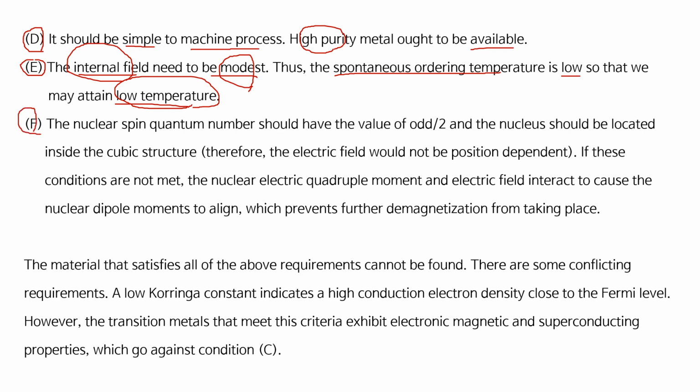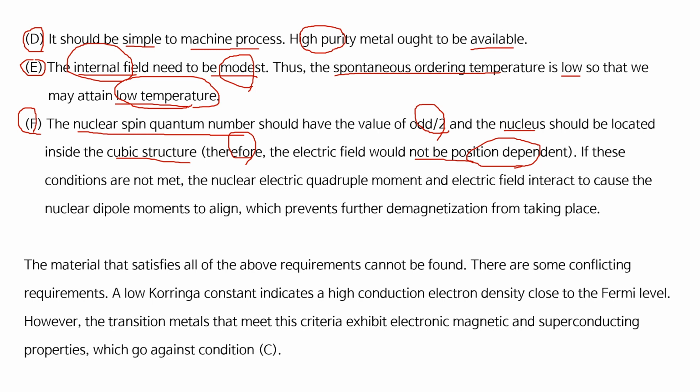Next, the nuclear spin quantum number should have the value of order 2, and the nucleus should be located inside the cubic structure. So in this case, the electric field would not be position dependent.